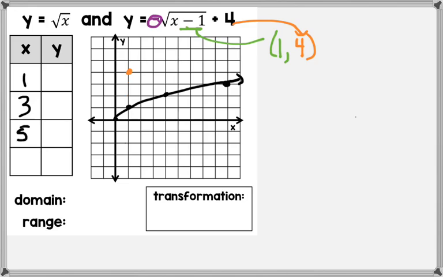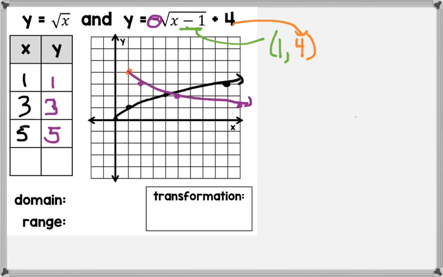And our A is a -1, which just means that it's going to stay the same. And so I'm going to go down 1, and I'm going to go right 1, down 1, right 3, down 1, right 5. And then connect it with a smooth curve.